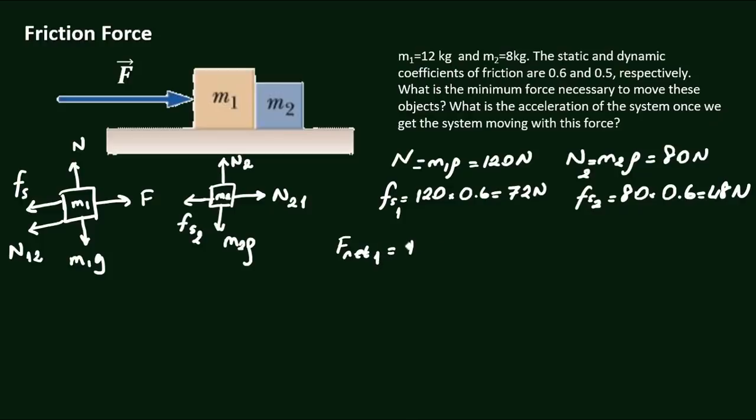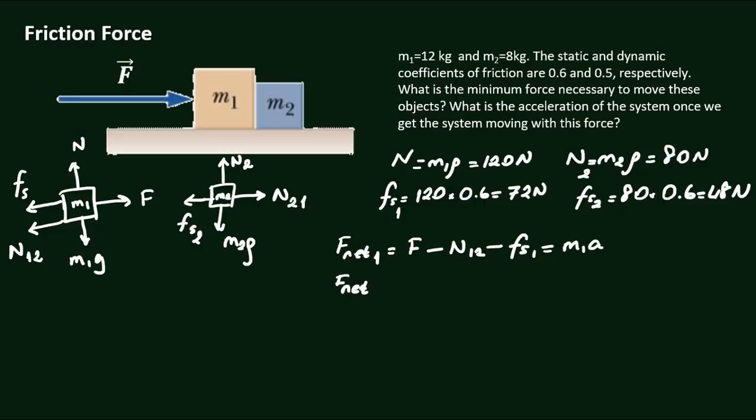There is F force acting towards the right, minus N12 acting on it towards the left, minus Fs1 acting towards the left, which will be M1 times a, the common acceleration of M1 and M2.